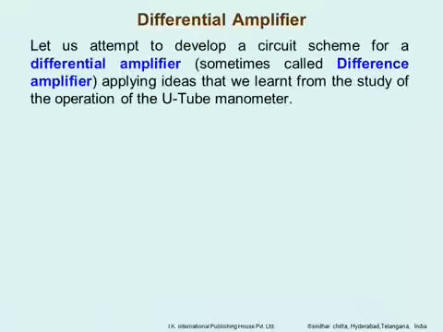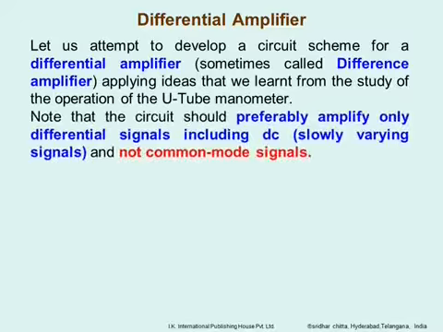Let us attempt to develop a circuit scheme for a differential amplifier, sometimes called a difference amplifier, applying ideas that we learned from the study of the operation of the U-Tube Manometer. Note that the circuit should preferably amplify only differential signals, including DC or slowly varying signals, and not common mode signals.